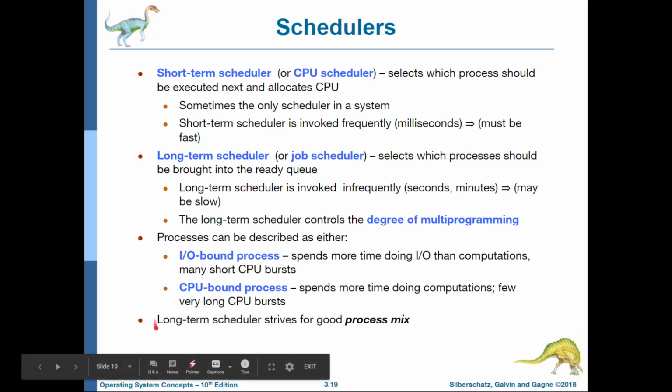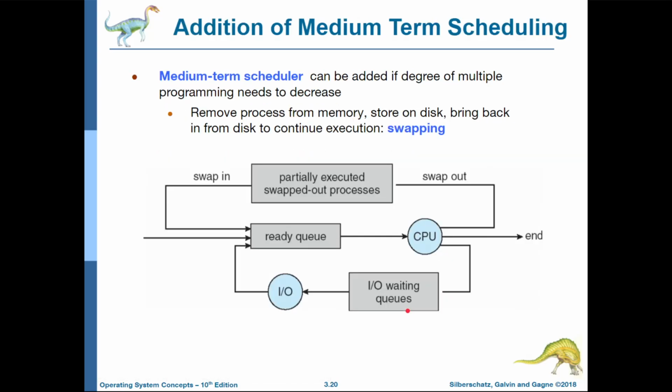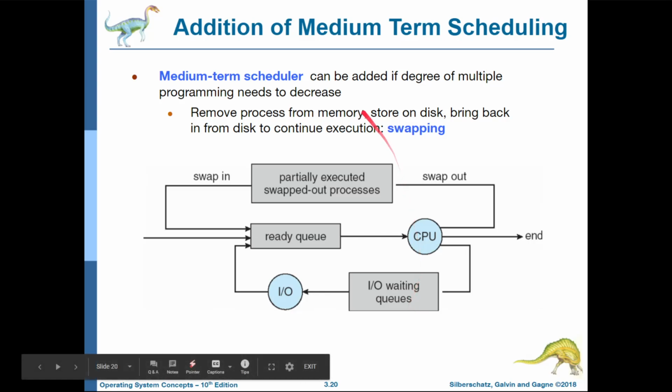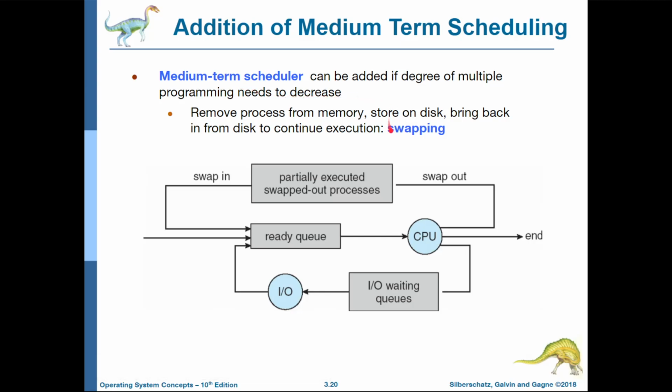The long-term scheduler is trying to give a good process mix. So there's also the concept of a medium-term scheduler, which can be used if you need to swap processes in quickly.